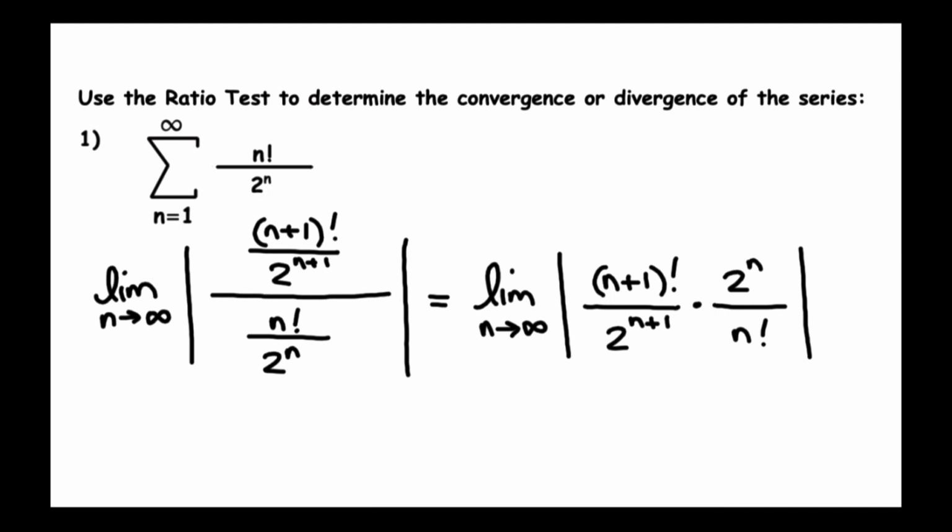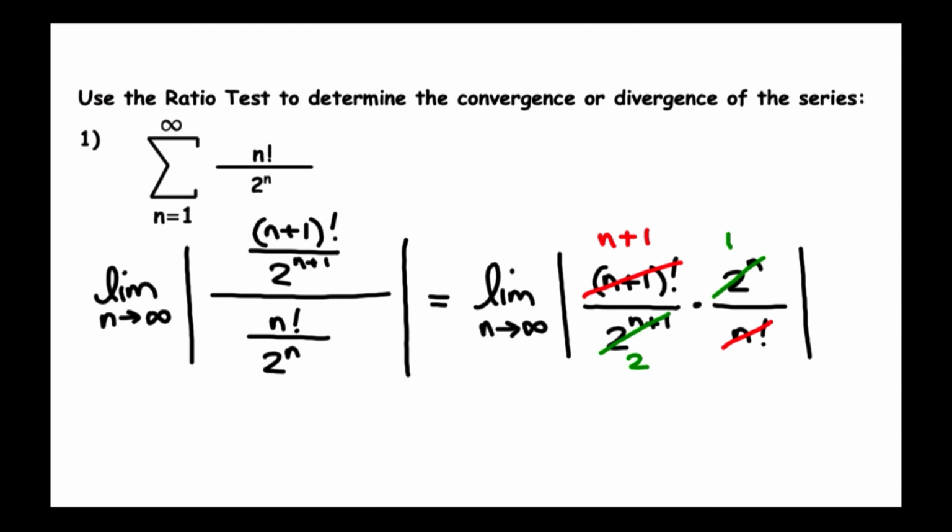Now, of course, canceling will occur. 2 to the n will cancel into 2 to the n plus 1. There's just one extra 2 in the denominator there, so that'll become a 1/2. And the factorials will cancel as well. N plus 1 factorial is n plus 1, but then the rest of it's going to cancel with the n factorial down below, so that'll just turn into an n plus 1.